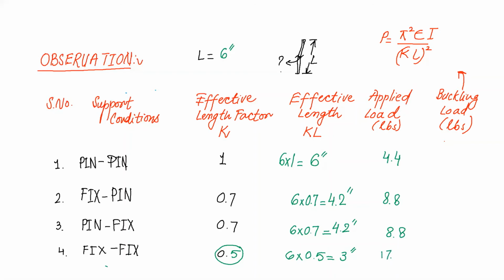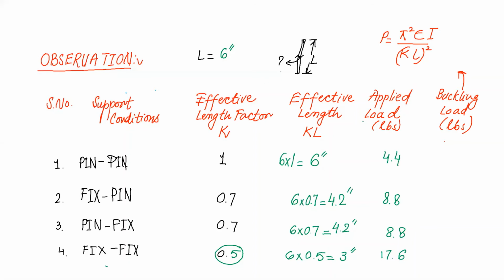As I told you in the torsion apparatus, we were taking weights in Newtons. If you are taking weights here in kg, you have to multiply with gravity, convert it into Newtons, and then convert it into lbs.